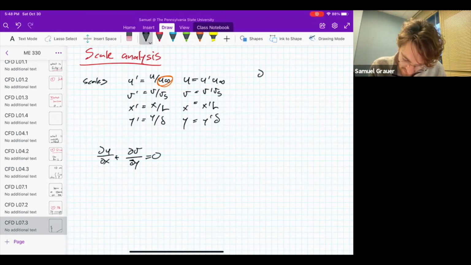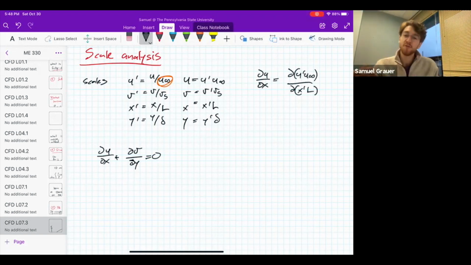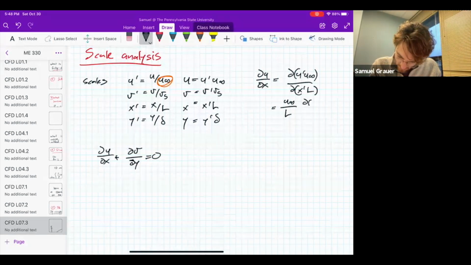So we could say du/dx is equal to d(u prime u infinity) over d(x prime L). And of course, u infinity and L are constants. So this is equal to u infinity over L times ∂u prime over ∂x prime.